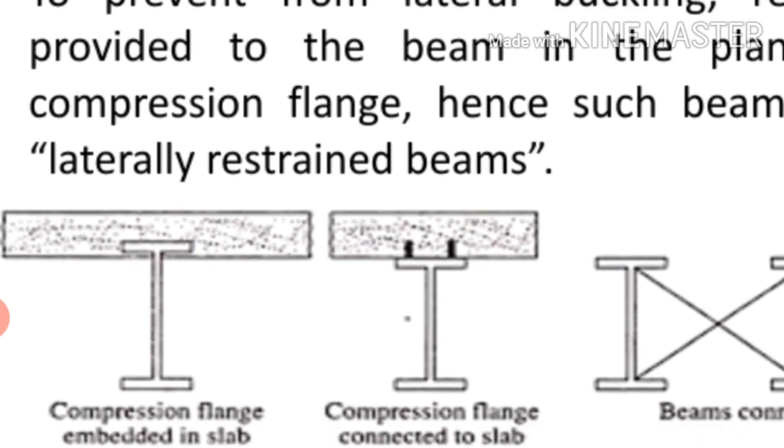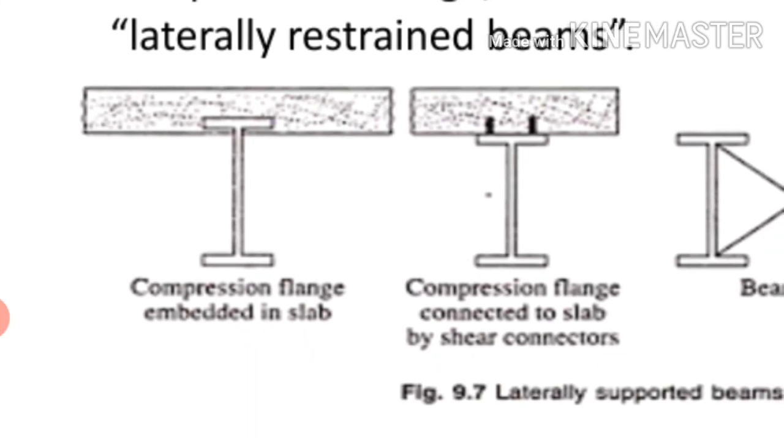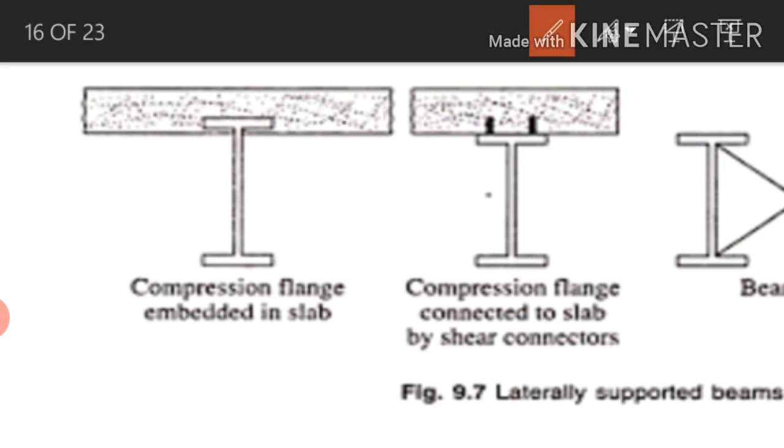In this figure you can see a compression flange embedded in a slab. If you provide it like this, then you can prevent the beam from lateral buckling. So this compression flange should not buckle laterally. If this flange is embedded in a concrete slab, lateral buckling can be prevented.